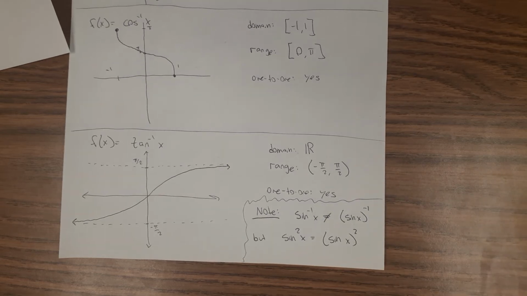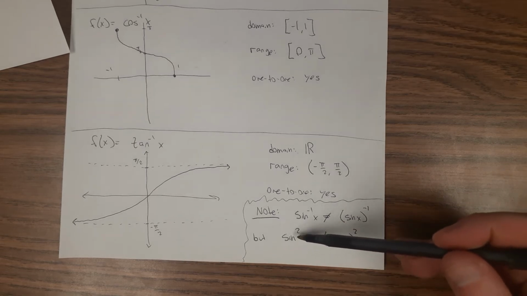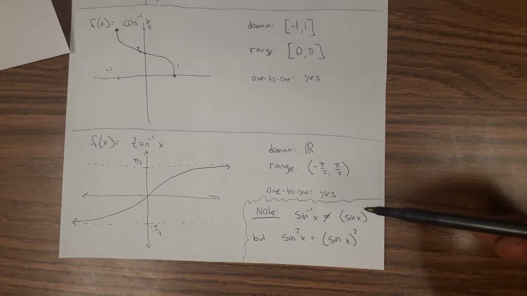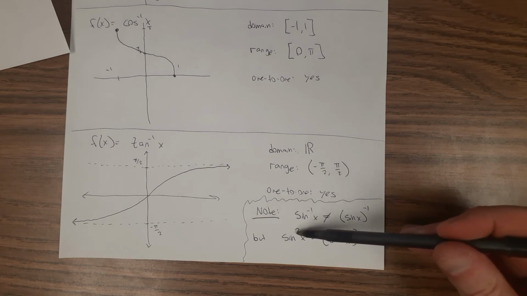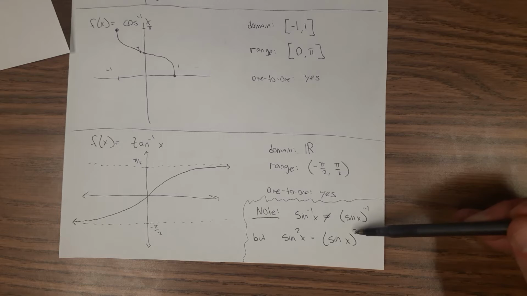Unfortunately, this is a confusing notation because we do often write a positive power. If I want to talk about a positive power of sine, I often do write the power here in the same place where we would write the -1 if we were talking about inverse sine. And when we write something like this, we really do mean sine of x to that power.